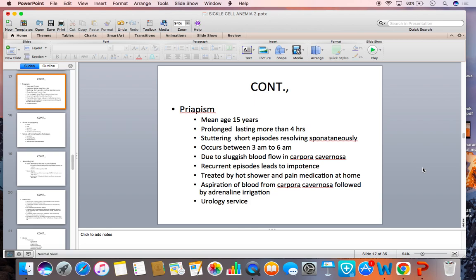It may be stuttering, short episodes, which may resolve spontaneously. Sometimes it is prolonged, lasting more than 4 hours. In such a situation, emergency management of the corpora cavernosum with saline irrigation and adrenaline infusion, and then ultimately involve the urological service.